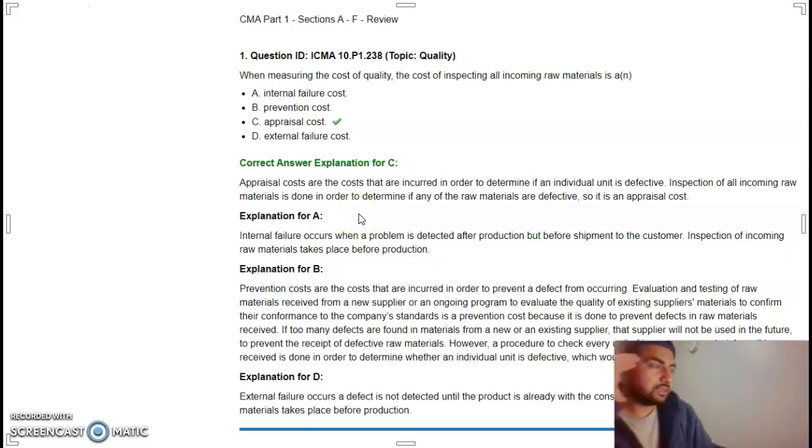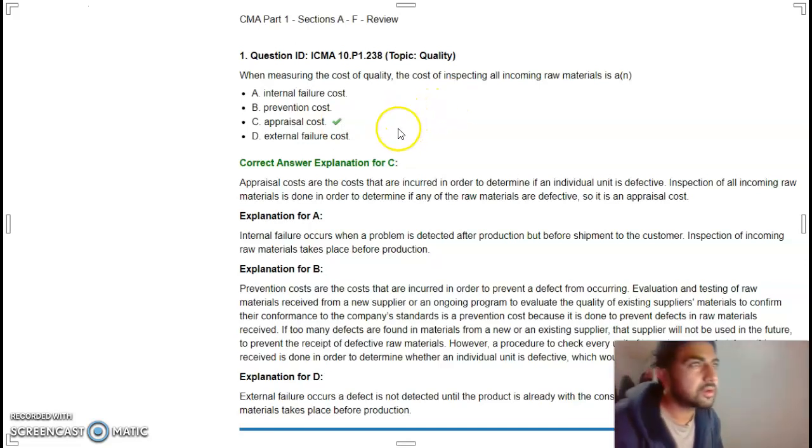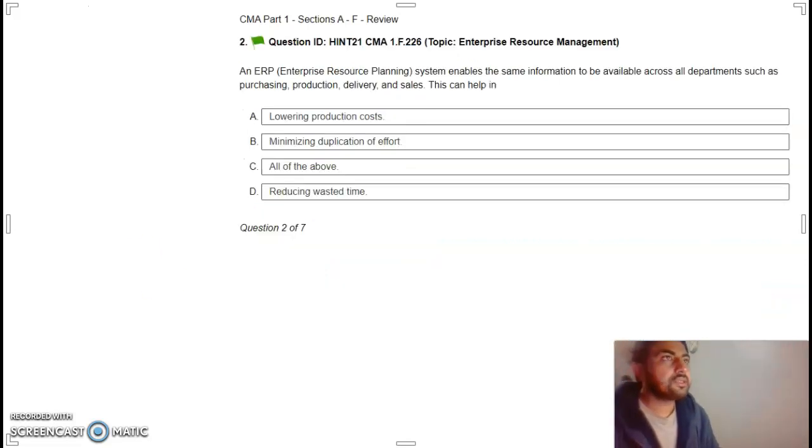So they're looking at a different context. I was looking at it as a micro concept. So look at both micro and macro, then decide the best answer. In a macro environment it would have been appraisal cost, but in a micro environment it would have been internal failure cost.